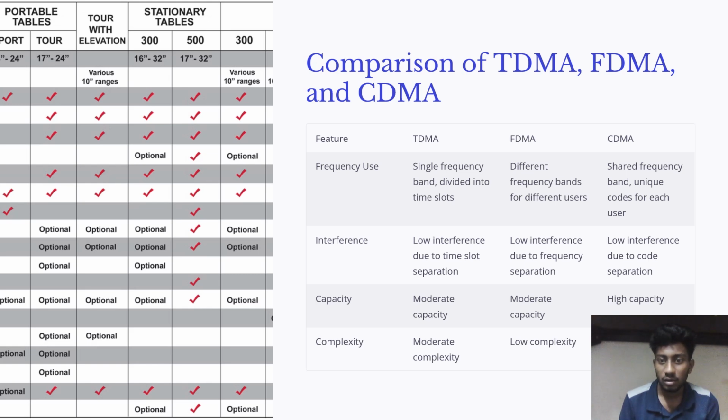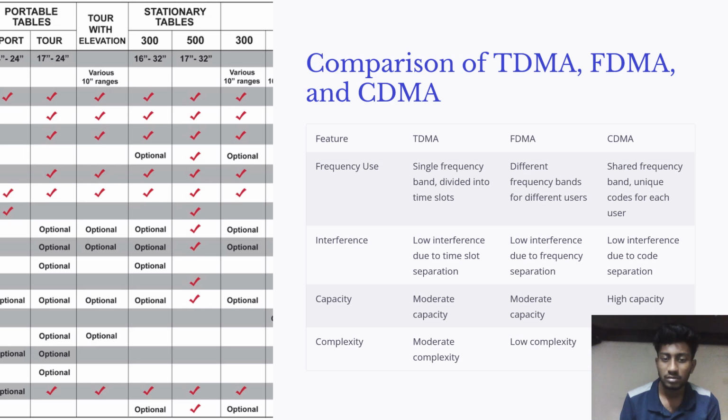In the case of CDMA, the frequency bandwidth is shared, with unique codes for each user. Another feature is interference. For TDMA, low interference due to time slot separation. For FDMA, low interference due to frequency separation. In the case of CDMA, low interference due to code separation.